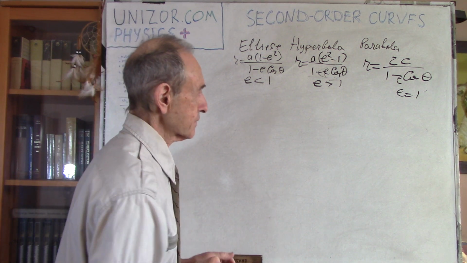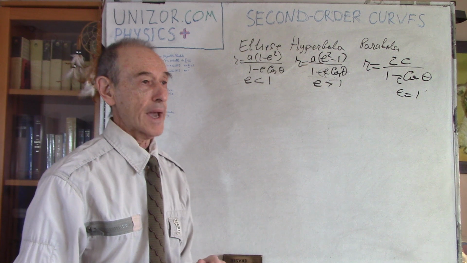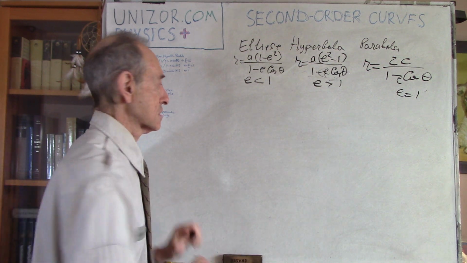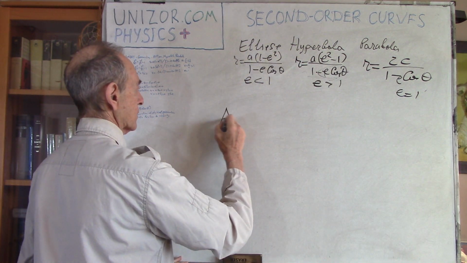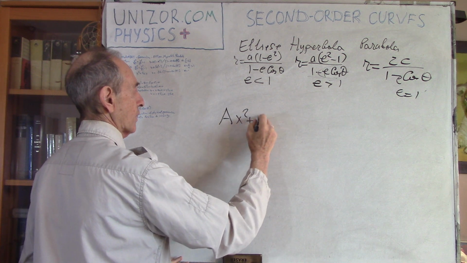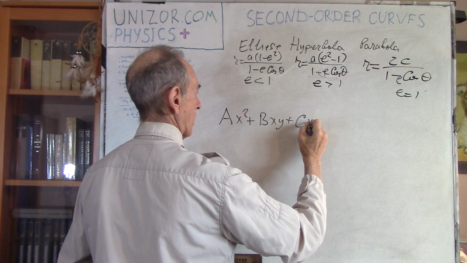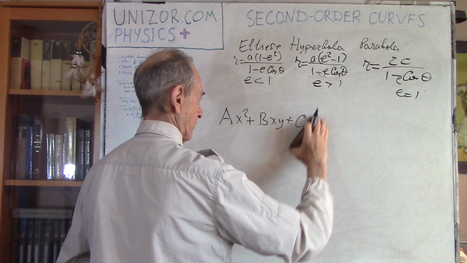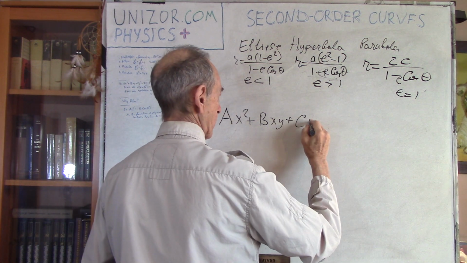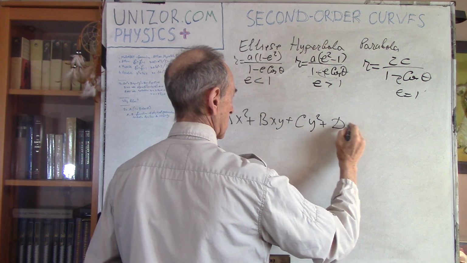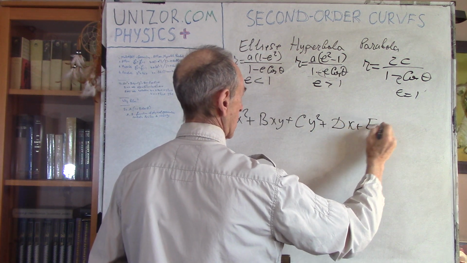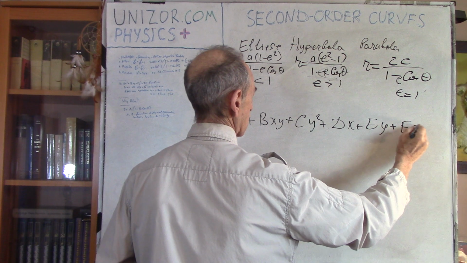And another thing is back to the general equation of a second order curve. If you have this equation, ax squared plus bxy plus cy squared plus dx plus ey plus f equals 0.